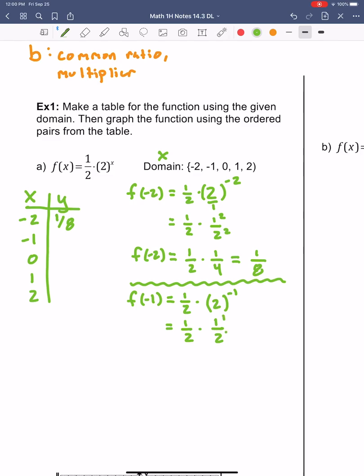And this time the exponents are just 1s there because we have a negative 1 as the original exponent. And so then we end up here with 1/2 times 1 to the first is 1, 2 to the first power is still 2, and so we have f of negative 1 equals 1 times 1 on the top is 1, 2 times 2 on the bottom is 4, so 1/4.